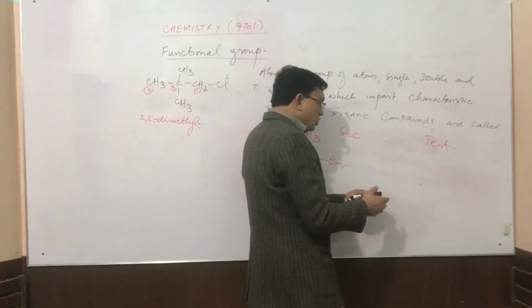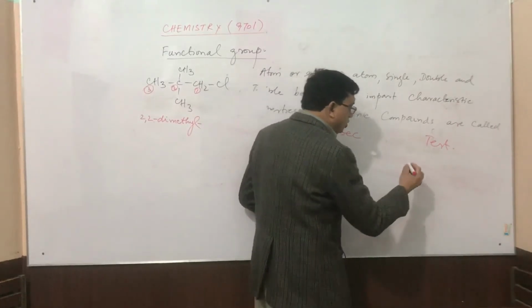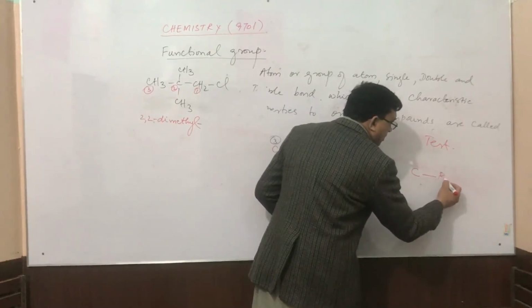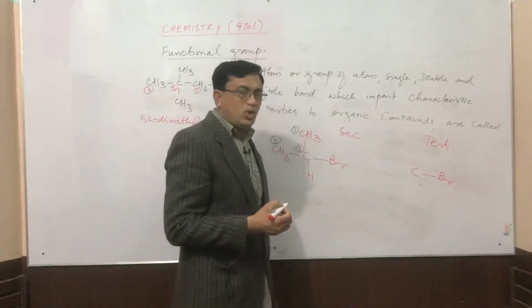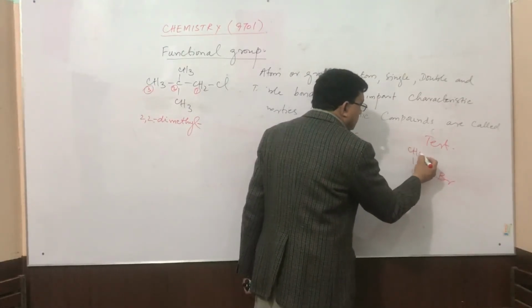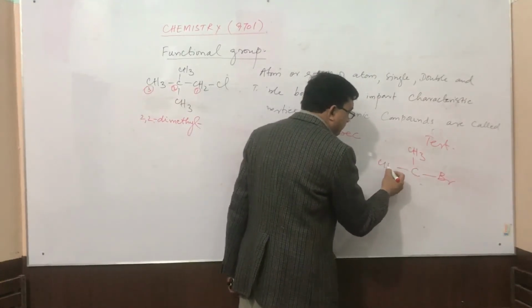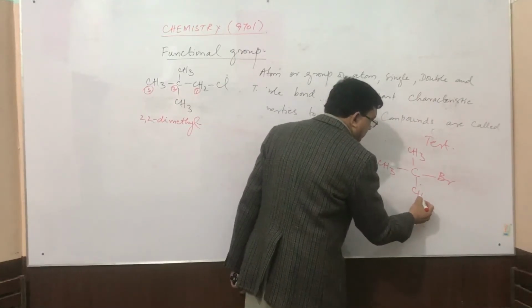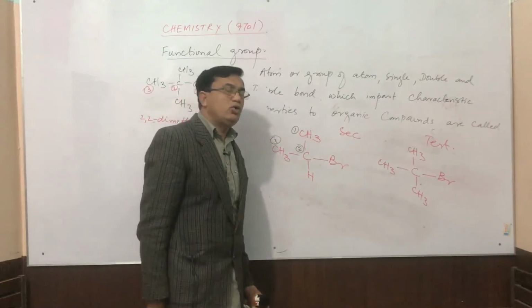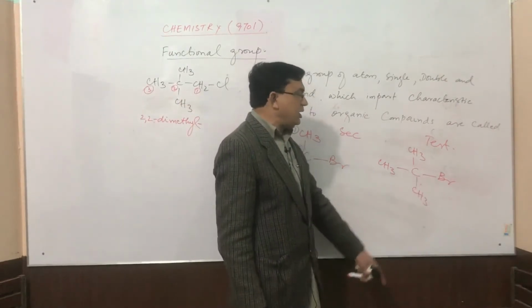And in case of tertiary halogenoalkanes, the carbon containing halogen functional group is directly attached with 3 carbon atoms, or the carbon containing halogen group have no hydrogen atom with it.